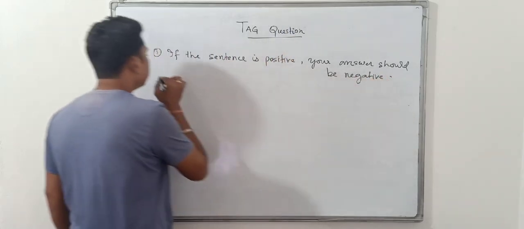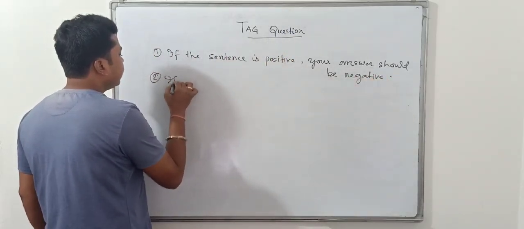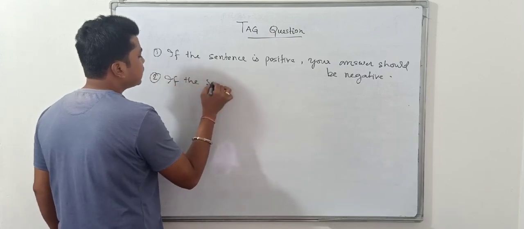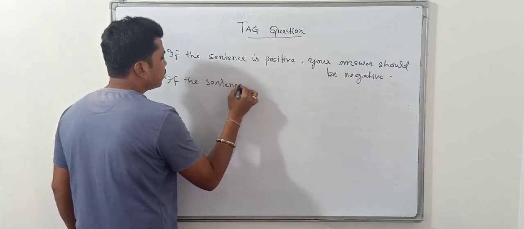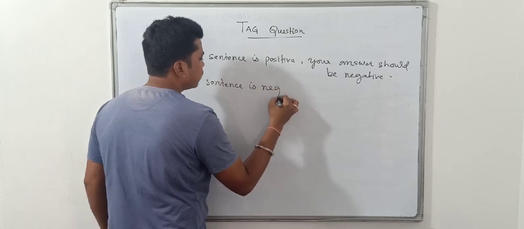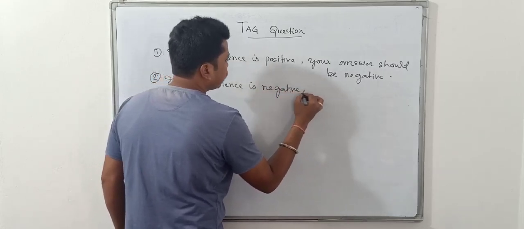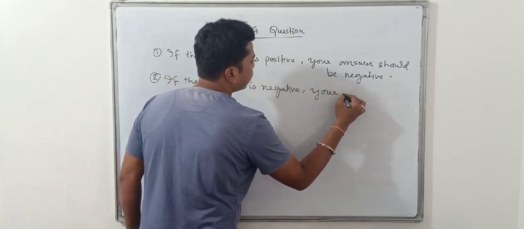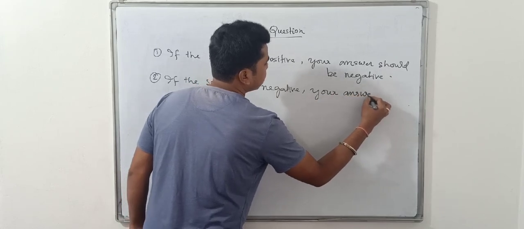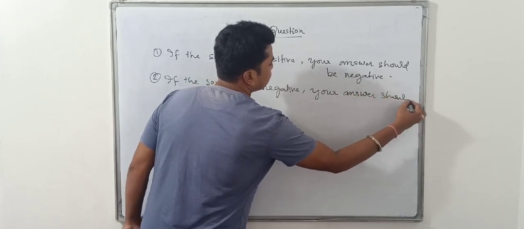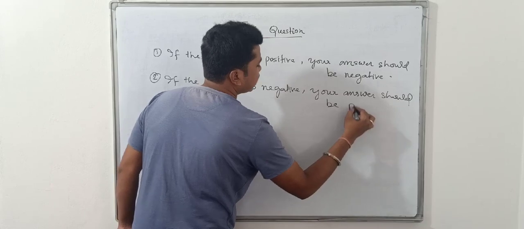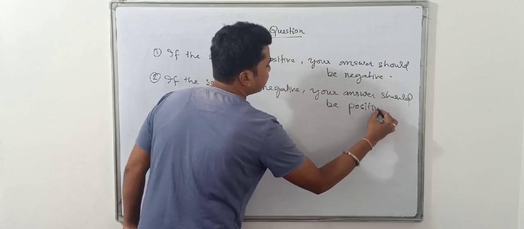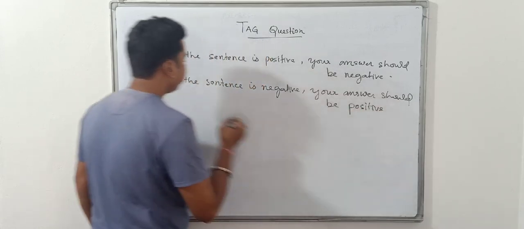And number 2, if the sentence is negative, comma, your answer should be what? Should be positive. Now what do you mean by this negative sentence and positive sentence?